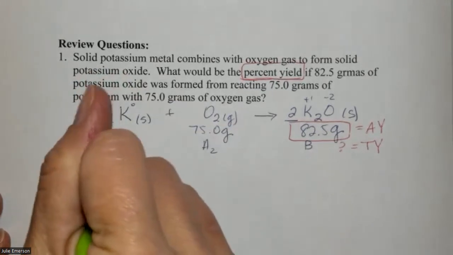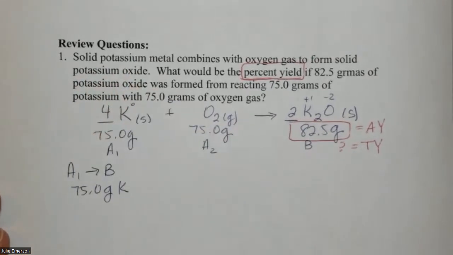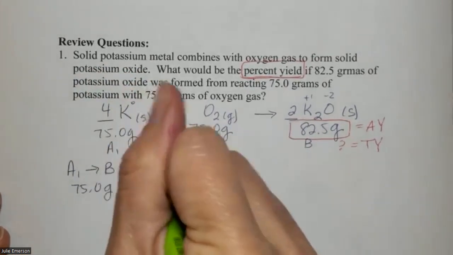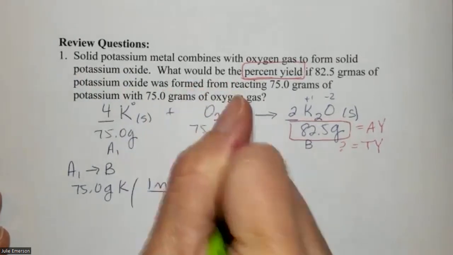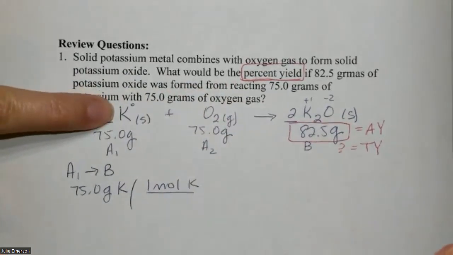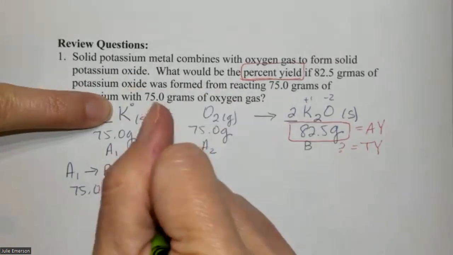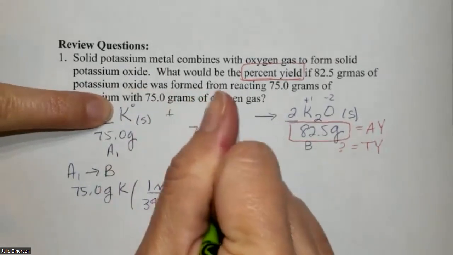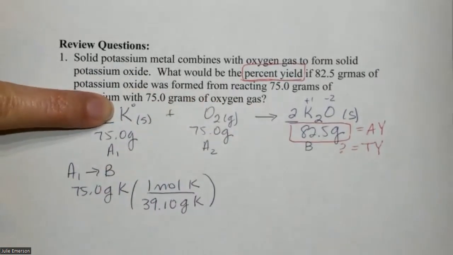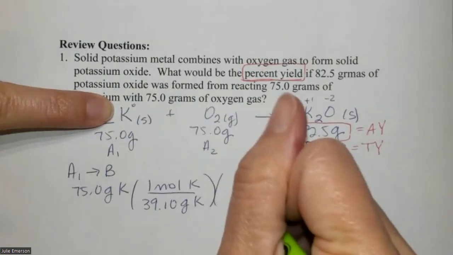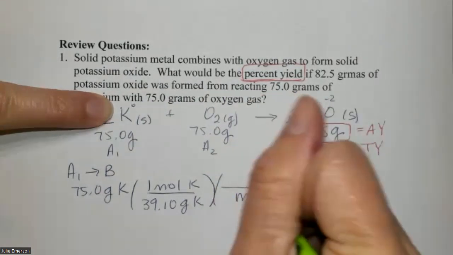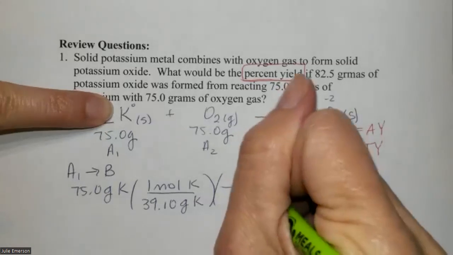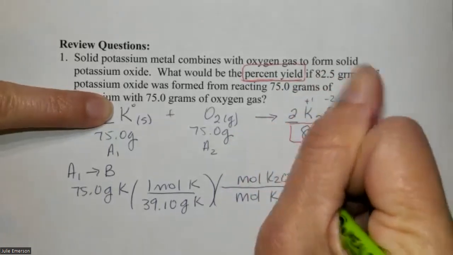I have 75 grams of potassium. Molar mass based on 1 mole of K, remember, we're not looking at the 4, we're just looking at the K, is 39.10 grams based on the periodic table. Now I look at my mole to mole ratio, getting rid of K on the bottom, going to K2O on top.